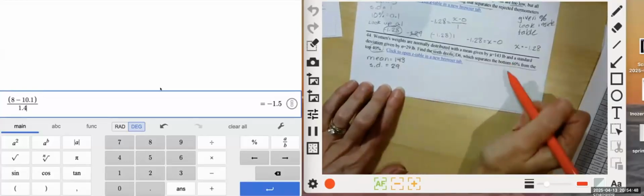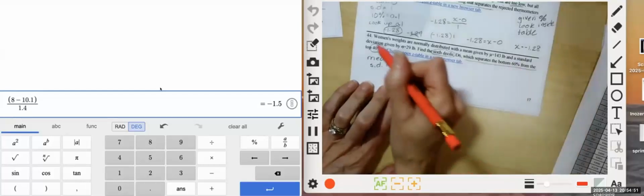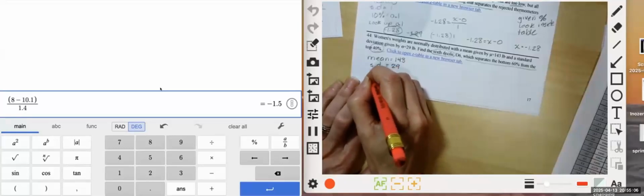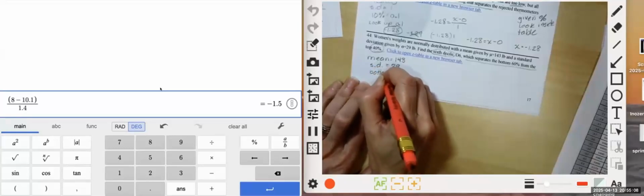So are we going to use the 60 or the 40? I'm guessing 60. We are going to use the 60, from the bottom.